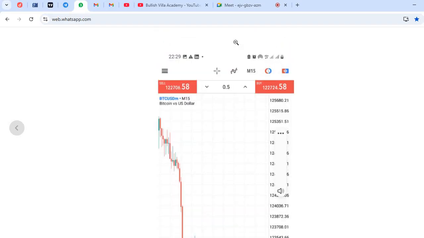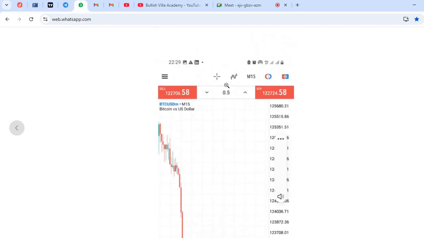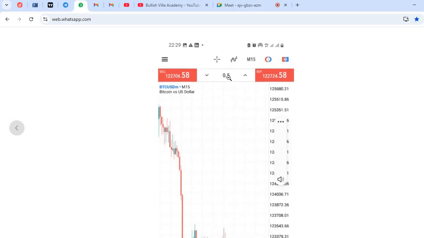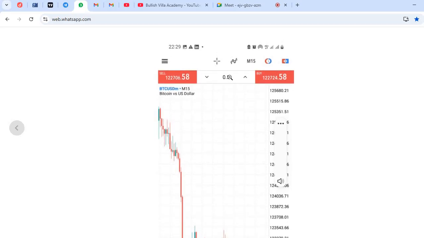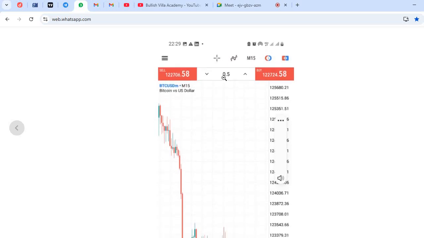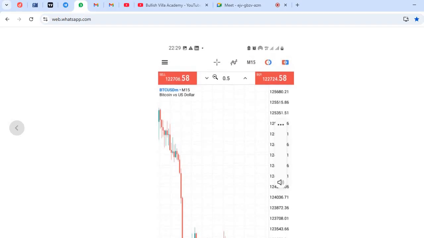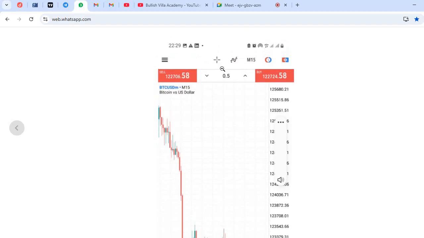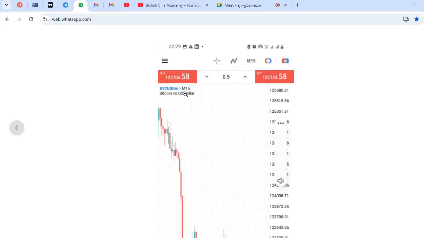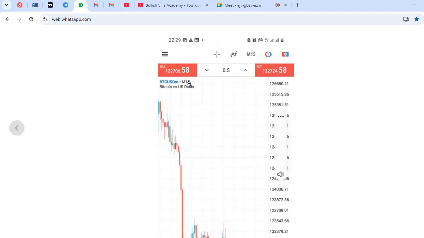Now you can see that we have this thing here. This place here, we have the lot size. So you should have your lot size here, maybe 0.01, 0.1, 0.5, 1.0. Then you can have your time frame here.